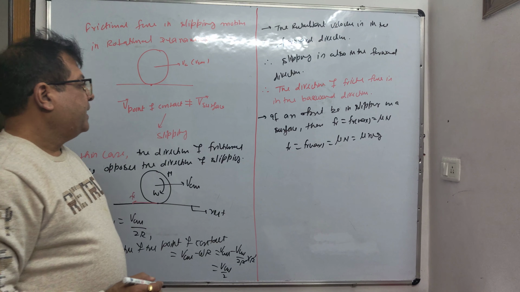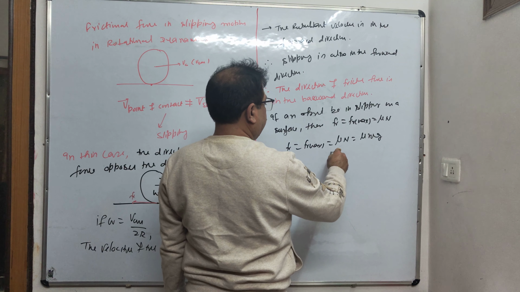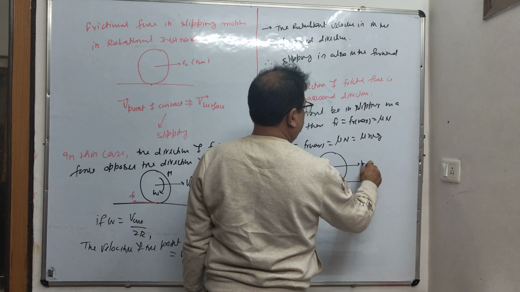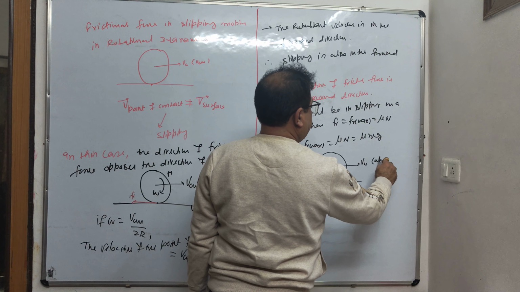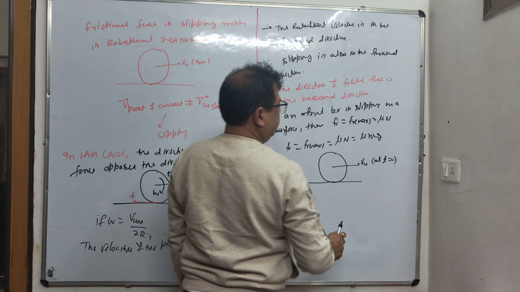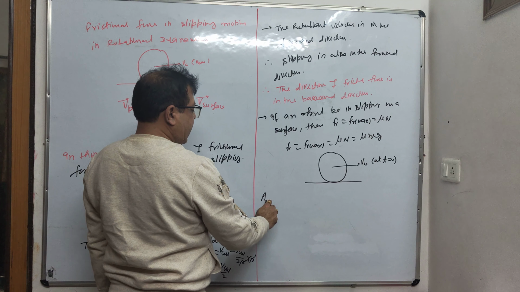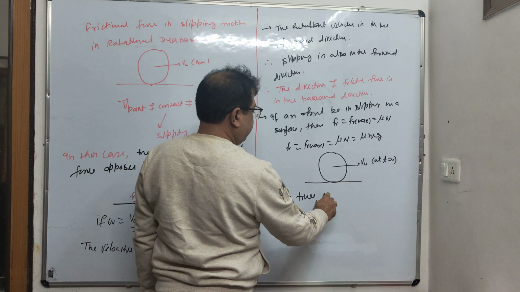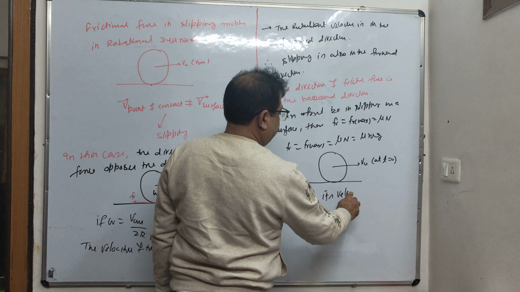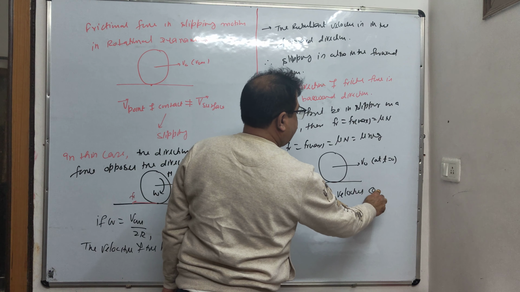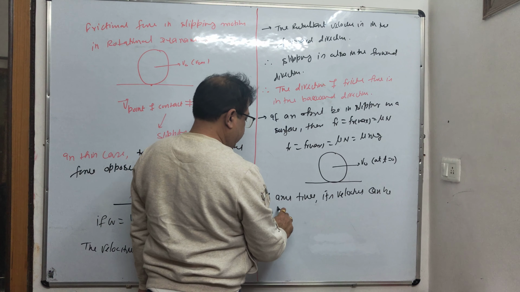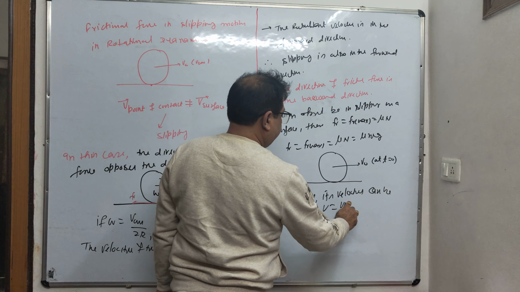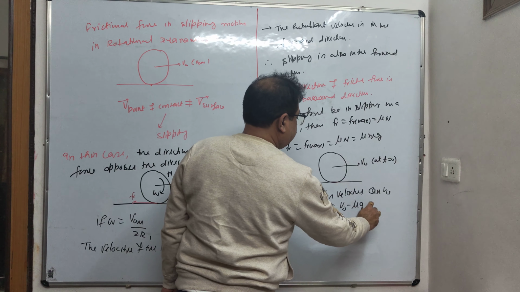Suppose you have given v naught at t is equal to 0. Then at any time its velocity can be written as v is equal to v naught minus mu g t.